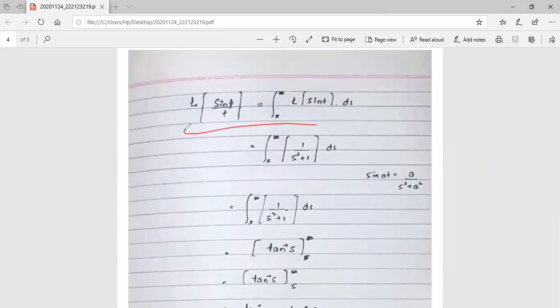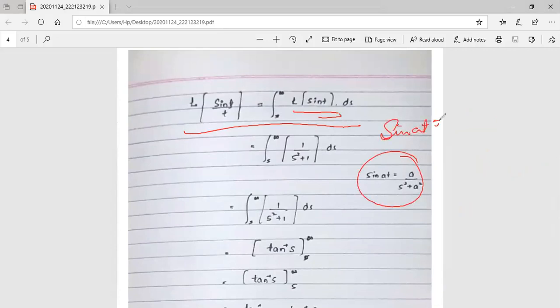And you already know the sin a t formula.